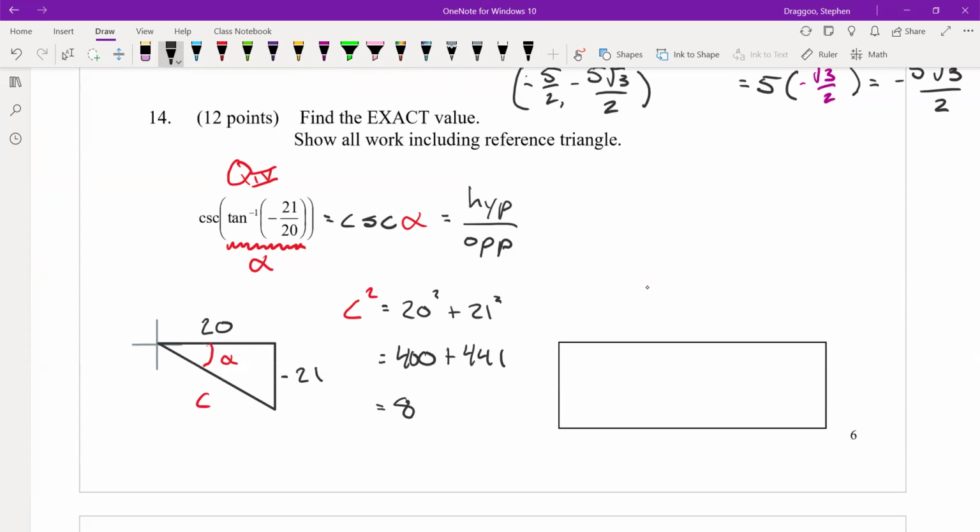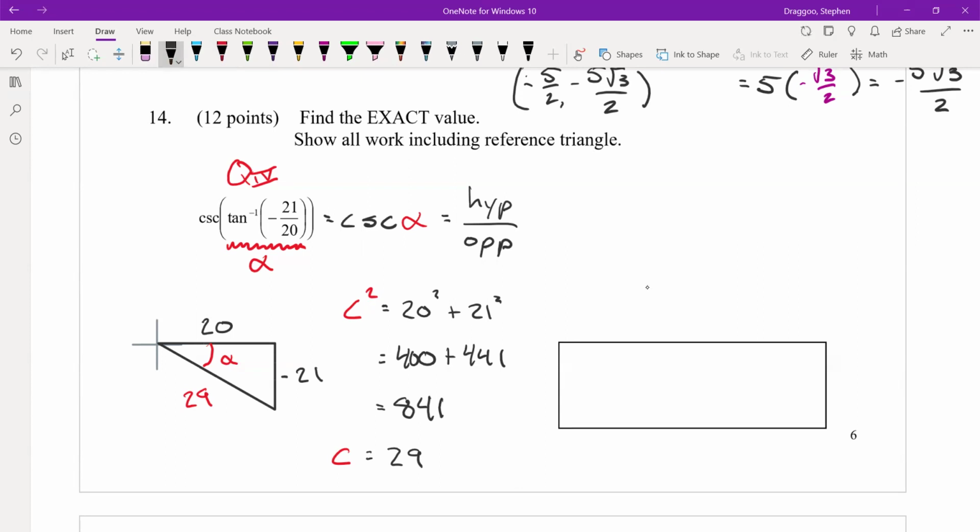Adding those up, we get 841, and taking the square root of 841 gets you 29. So c is 29. Because it's a hypotenuse, we don't need to bother with a plus or minus. The hypotenuse of a triangle is always positive. So 29 for the hypotenuse.